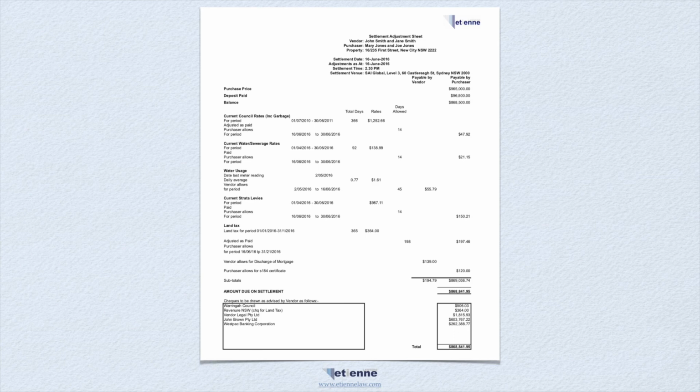Once we get the vendor's cheques, we include them into the settlement sheet. We then arrange with your lender to draw more cheques than you have to draw, or for you to EFT to us for your ease and convenience.